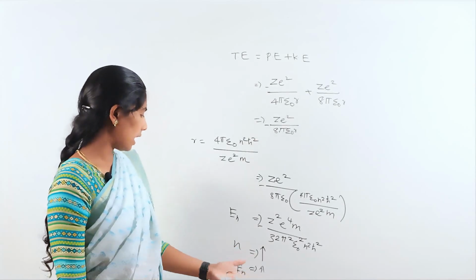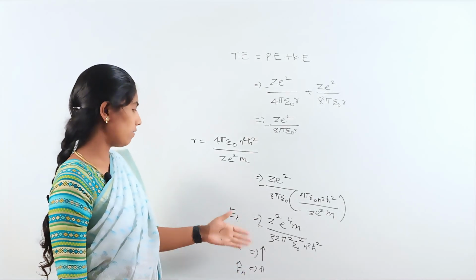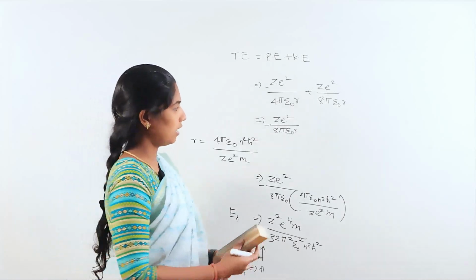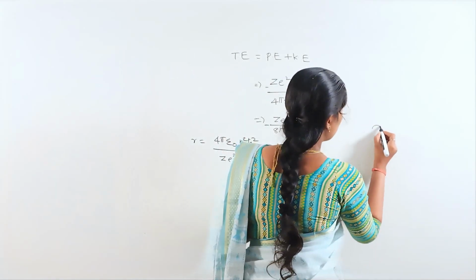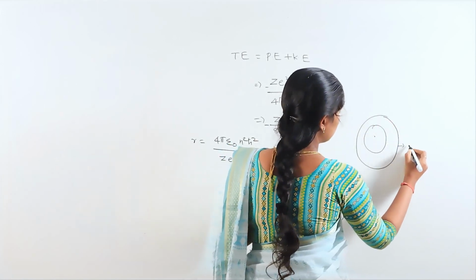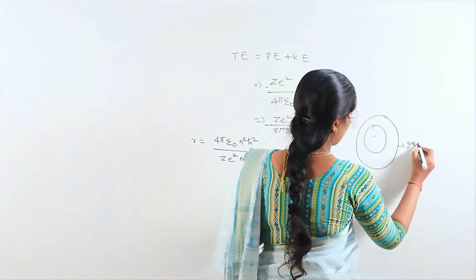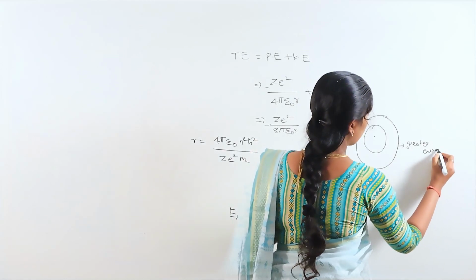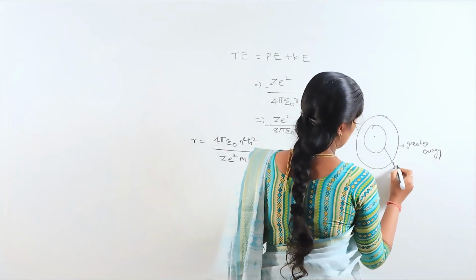So when n increases, the energy also increases, and the outermost shell always has greater energy compared to the innermost shell.